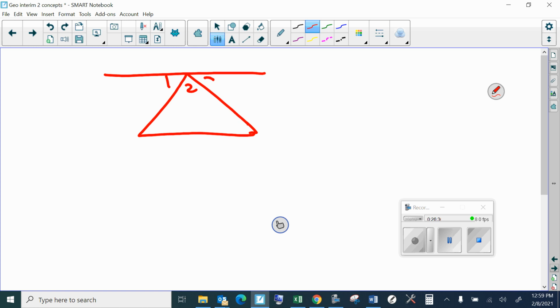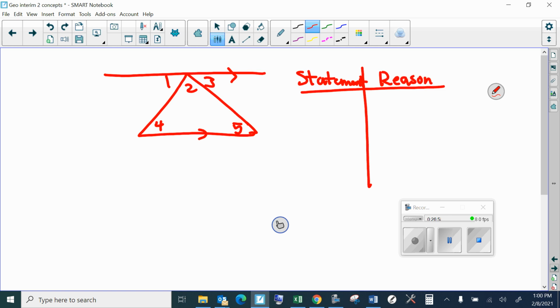So if I have angles 1, 2, 3, 4, and 5, and this line is parallel to this segment. Okay, so a simple proof. Remember, statement, reason. Reason is also called justification. It used to always be called justification. Statement 1: line N is parallel to segment AB, given.